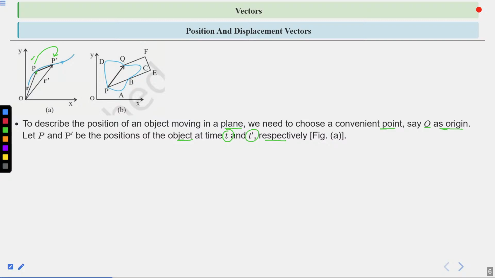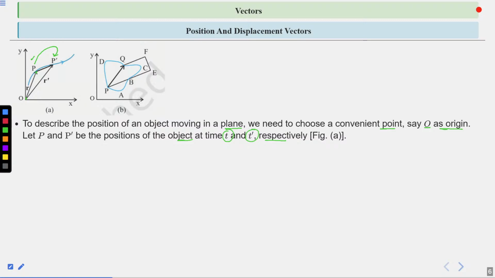The important point here is this: from the origin to point P represents the position of the object. Similarly, from the origin to point P prime is the position vector of the particle. So how can we know whether R is a position vector or not?